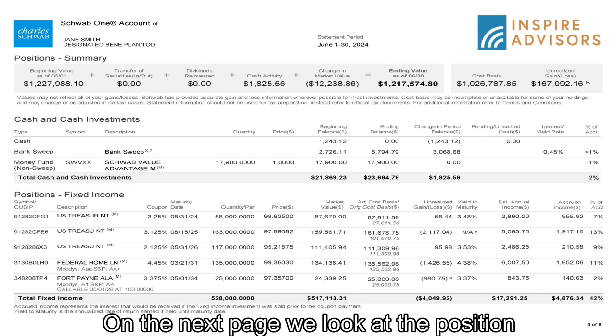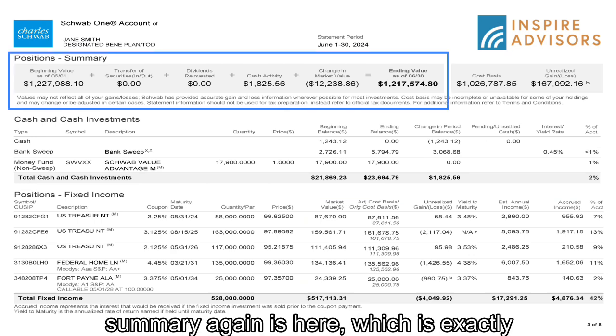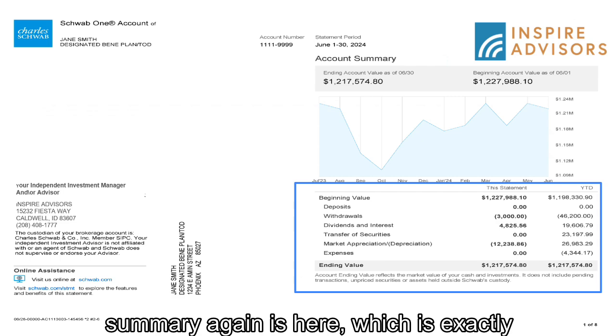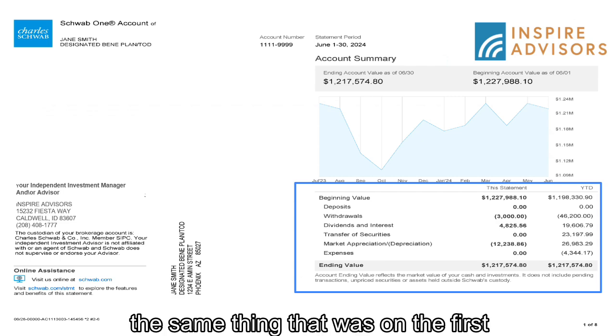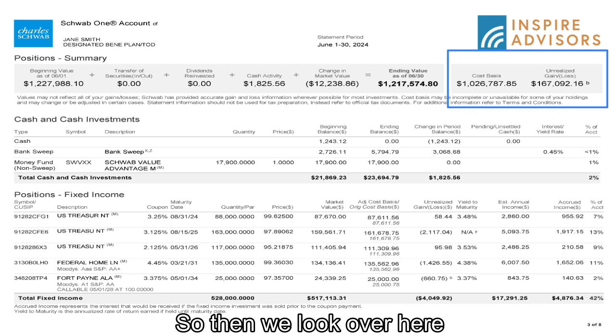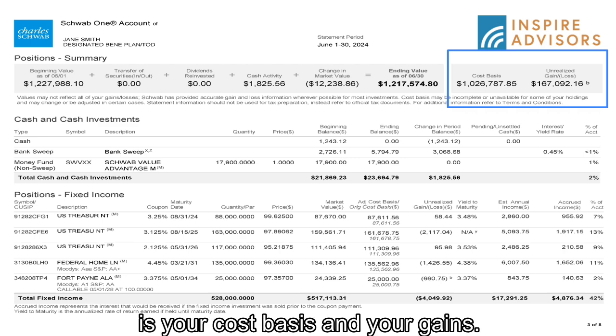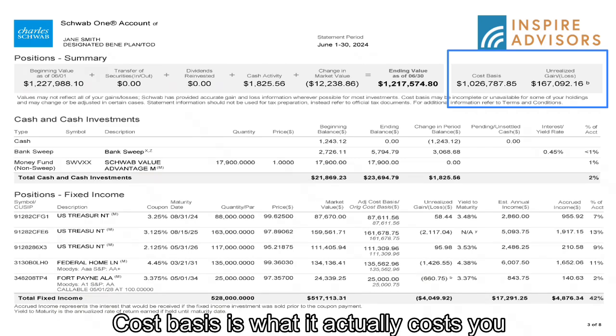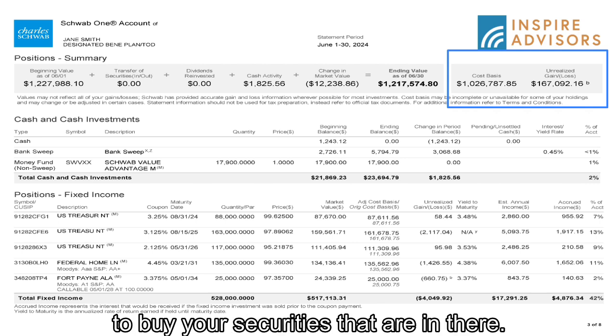On the next page, we look at the position summary. Again, this is exactly the same thing that was on the first page, just in a different format. Then over here is your cost basis and your gains. Cost basis is what it actually costs you to buy your securities that are in there.